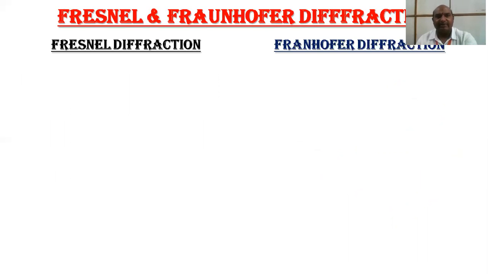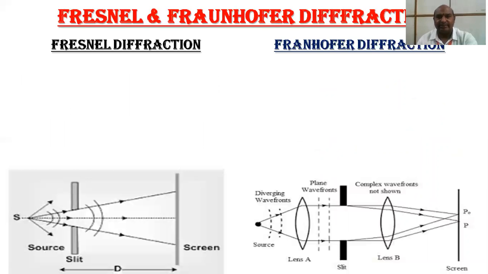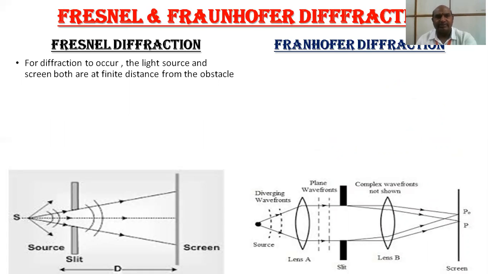What is the difference between Fresnel and Fraunhofer diffraction? The diagrams are as shown in the figure. In the Fresnel diffraction diagram, no lenses are used, and in Fraunhofer diffraction, lenses are used. In Fresnel diffraction, the light source and screen are both at a finite distance from the obstacle.